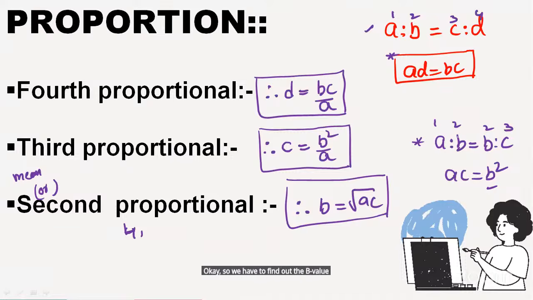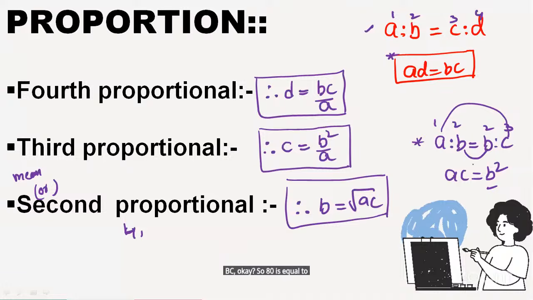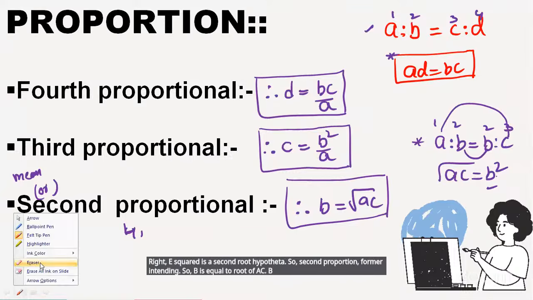Second proportion means find out the B value, guys, here. So look like a proportion formation. AD is equal to BC. So next, B into B, B square is equal to AC. Square తీసేస్తే ఇక్కడ రూట్ అయిపోతుంది మనకి ఇక్కడ. So second proportion formula ఏంటండి? So B is equal to root of AC.